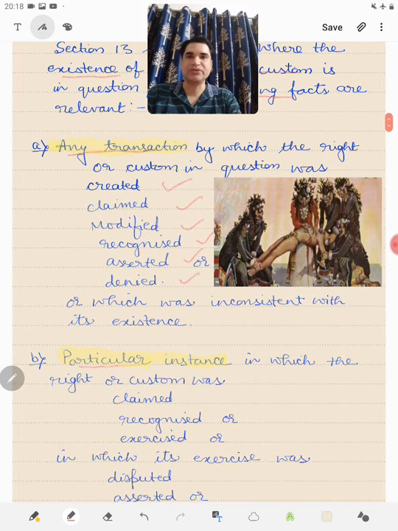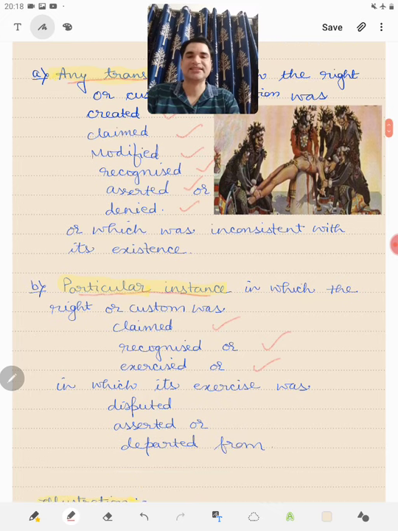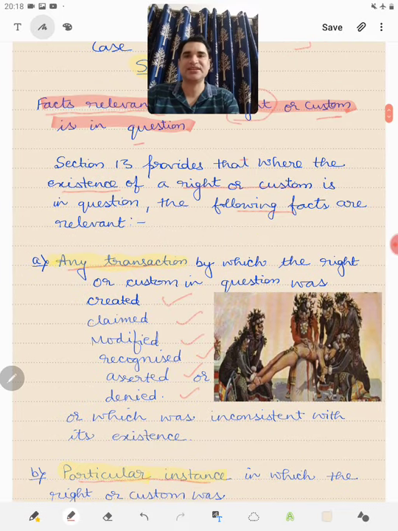And B: particular instances in which the right or custom was claimed, recognized, exercised, or in which its exercise was disputed, asserted, or departed from.